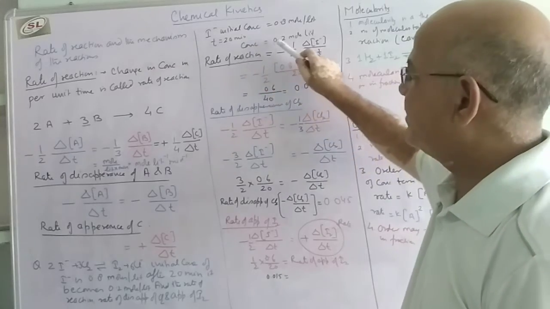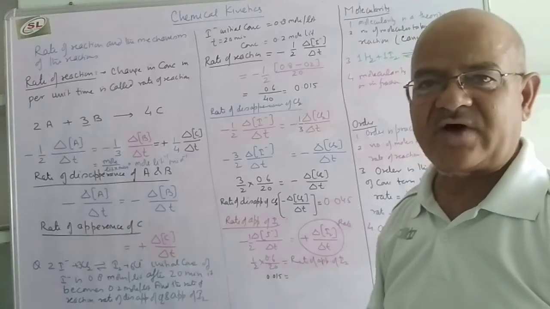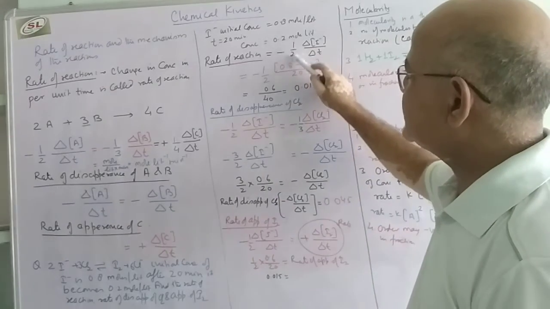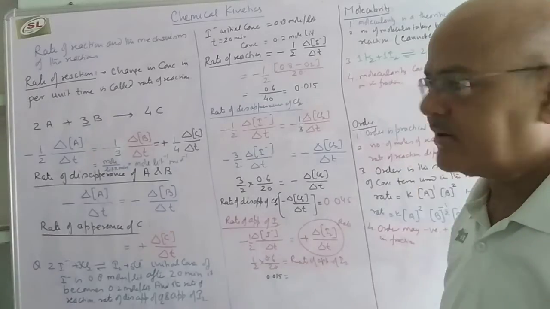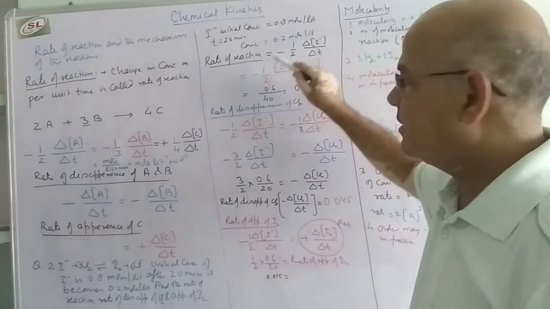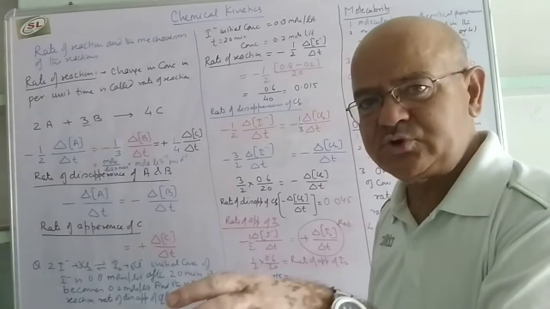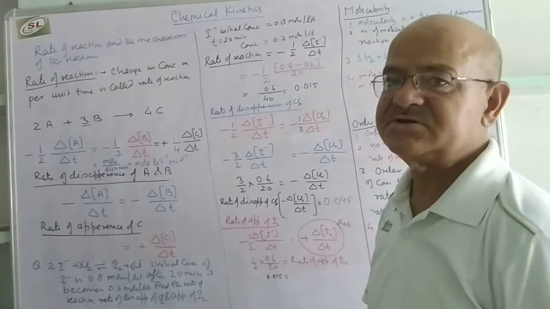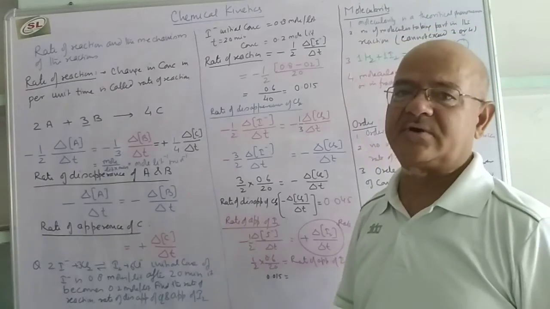After 20 minutes it becomes 0.2. So the rate of reaction in terms of I minus will be minus half delta I by delta T. Mind it, once again I want to say, the minus on I minus is not a mathematical sign. It just shows that the reactant concentration is regularly decreasing. That's why the product will form, otherwise the product will not form.